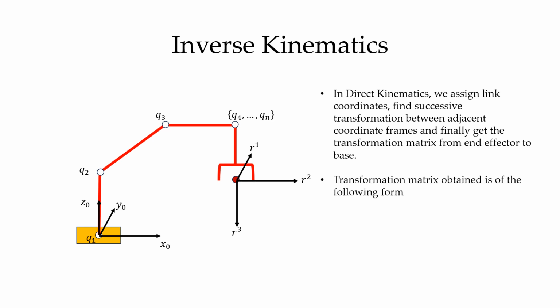The transformation matrix which we obtained was of the following form. It contained a rotation matrix R and a position vector P, where R denoted the orientation of the tool with respect to the base frame and P denoted the position of the tool with respect to the base frame.